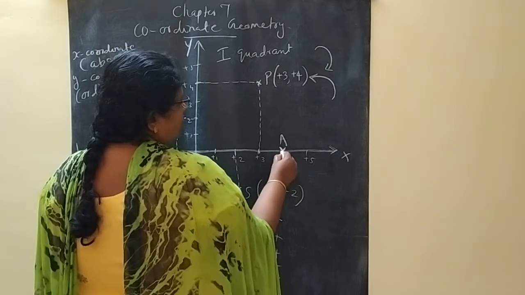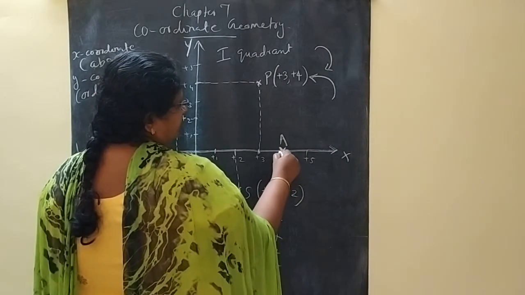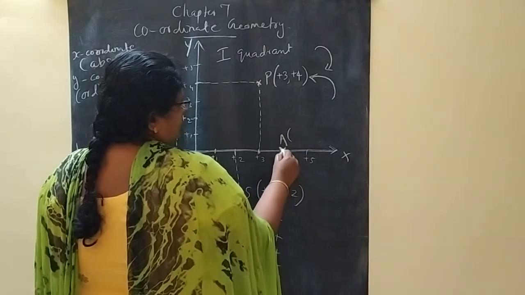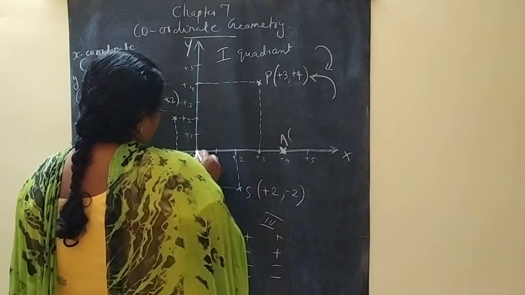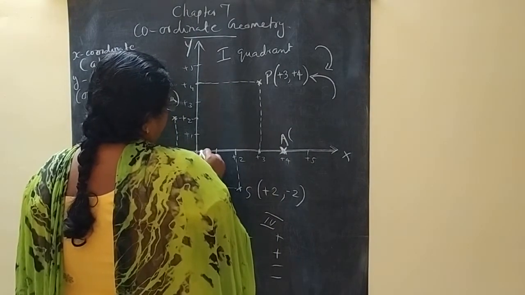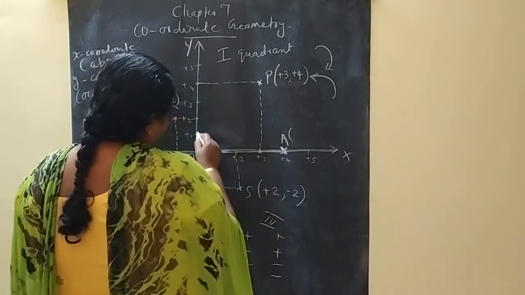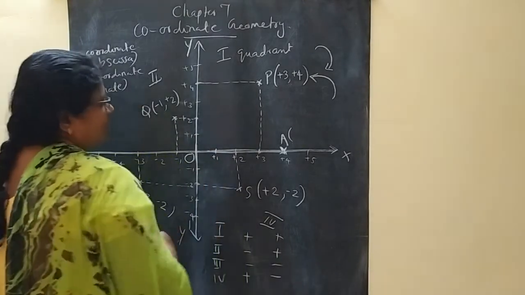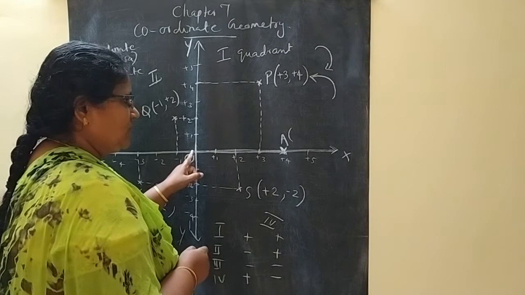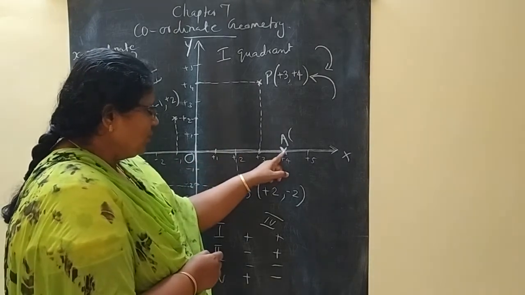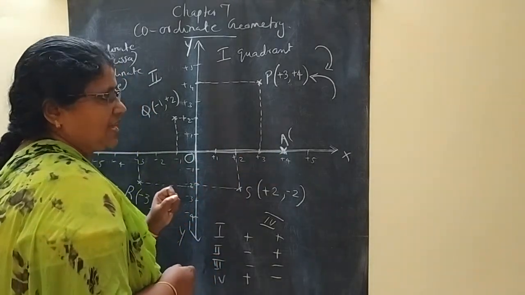So, this particular point is 4 units away from the y-axis and 0 units away from the x-axis.